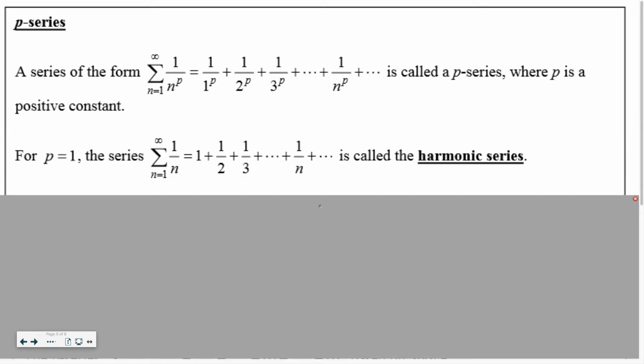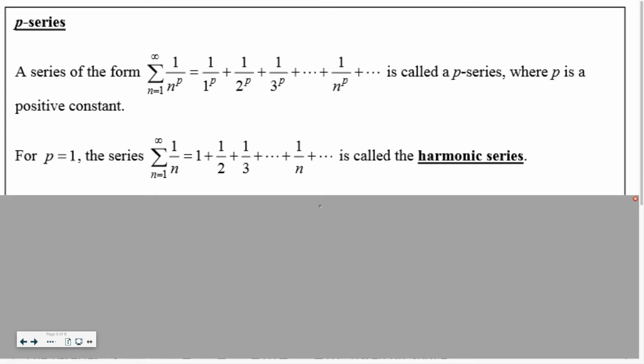We talked about this the other day. 1 plus 1/2 plus 1/3 plus 1/4, etc., etc., etc. That is called the harmonic series. You don't have to write that down, but that's just a little fun fact. Okay. The P series, and if you think back to our integrals, now some of you saw some patterns with our integrals.